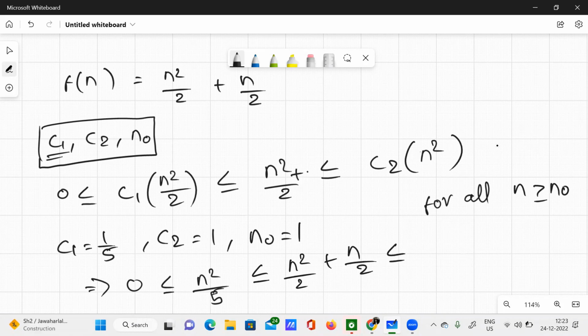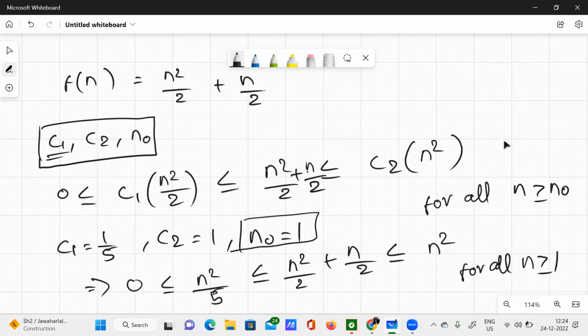Sorry, I have missed something, like n by 2. n by 2 less than or equal to n square. So this would be my equation. And here also we need to mention that for all n greater than or equal to n0, how much? n0 is equal to 1, right? So I need to mention n is greater than or equal to 1.